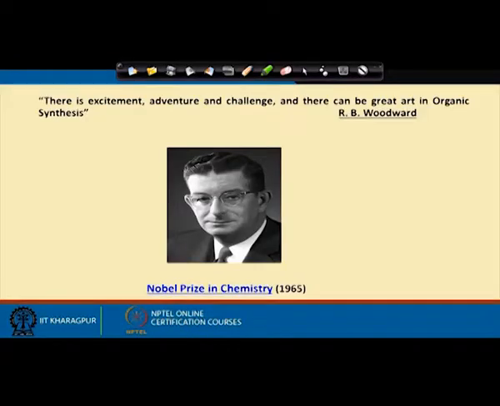And initially, before we start, let us try to give a fitting tribute to all the great scientists or great chemists who made this field a pleasing exercise. At the very beginning, we will try to memorize Robert B. Woodward.